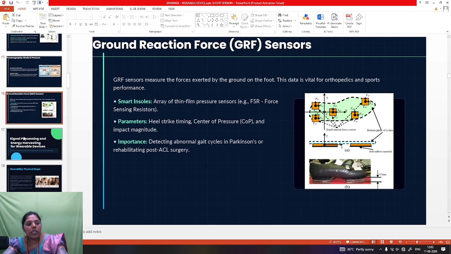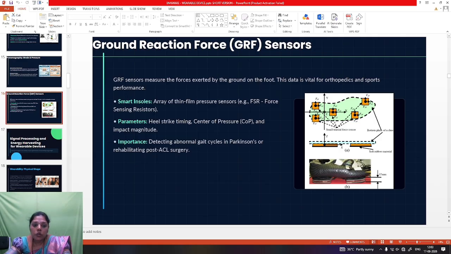Now let us move to the next topic. Ground reaction force sensor. Ground reaction force GRF sensors measure the forces exerted by the ground on the foot. This data is vital for orthopedics and sport performance.